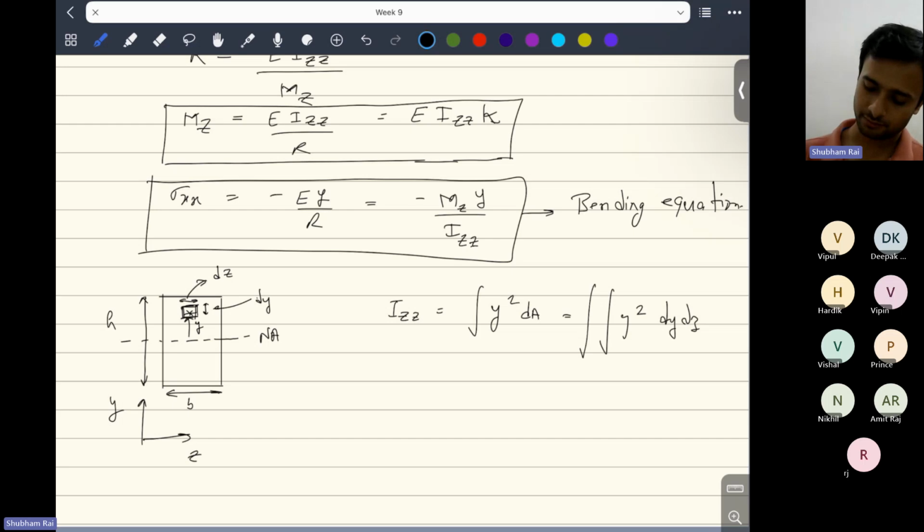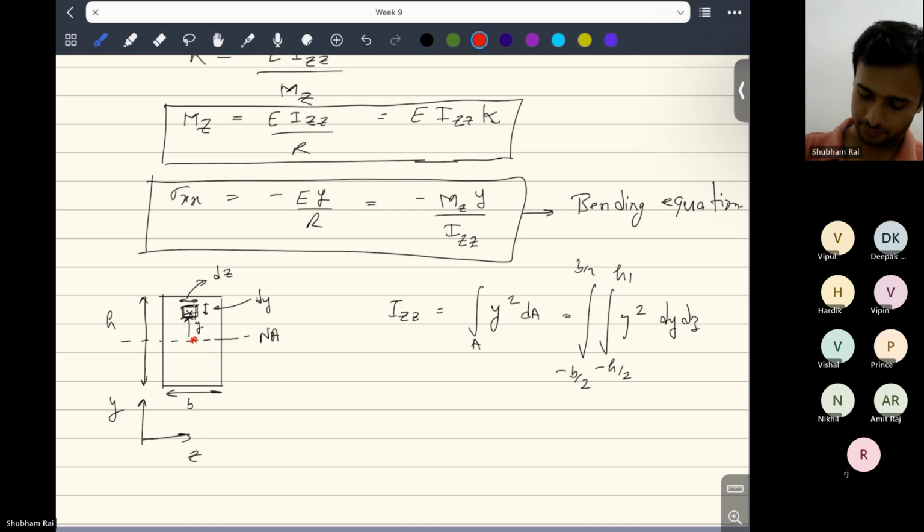because you are integrating with respect to area here. So y will go from minus h by 2 to h by 2, and z will go from minus b by 2 to b by 2, because we are taking our x at the center.